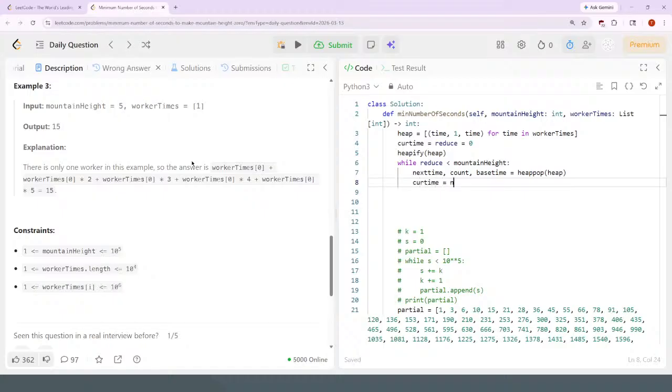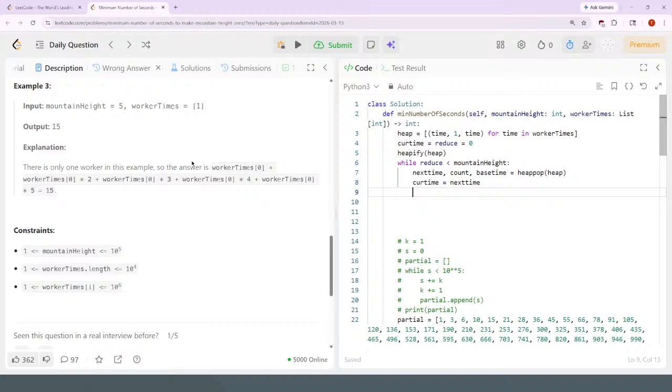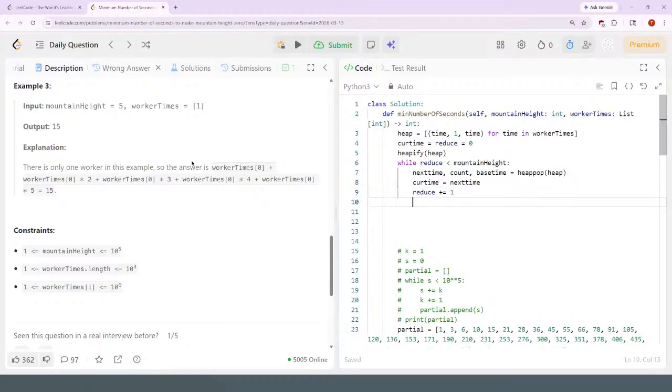Current time becomes next time. Reduce plus equals 1.